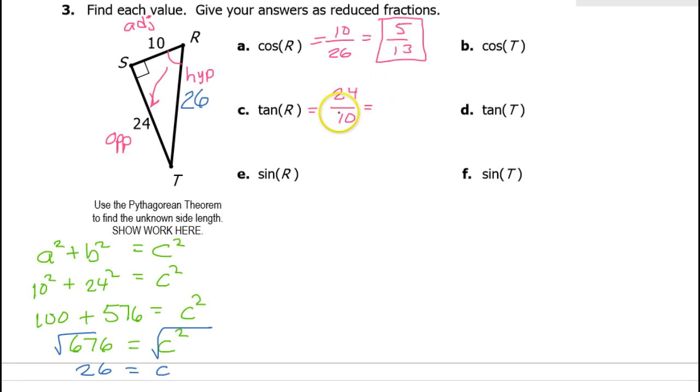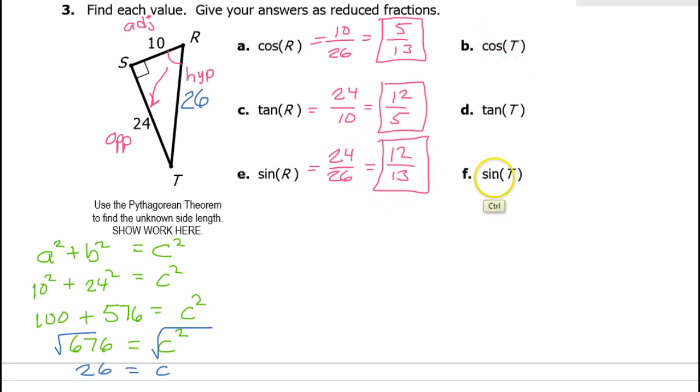So that's going to be 12 over 5. Sine is opposite over hypotenuse. So that's going to be 24 over 26. So that's going to be 12 over 13.